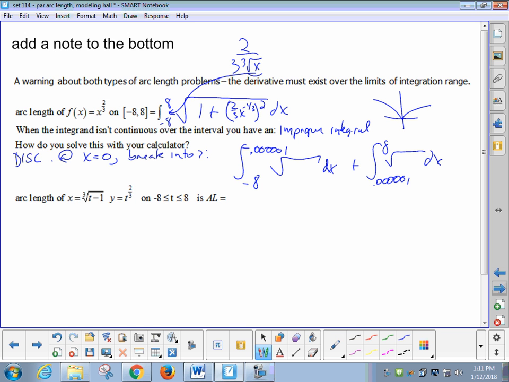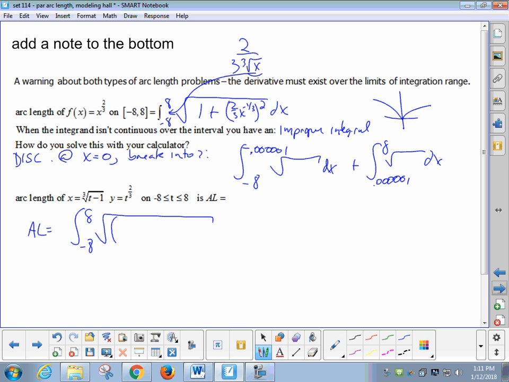Say you then looked at a parametric arc length problem. Say you have this, which I don't even know what the graph looks like, but I don't really care, and you wanted the arc length. The setup would be from -8 to 8. Parametric arc length by way of review is the integral of the square root of x prime squared plus y prime squared.